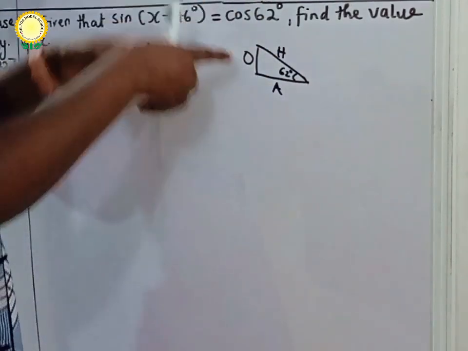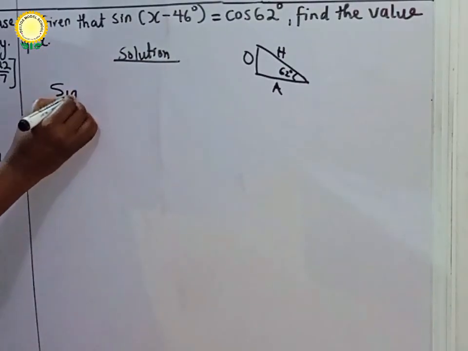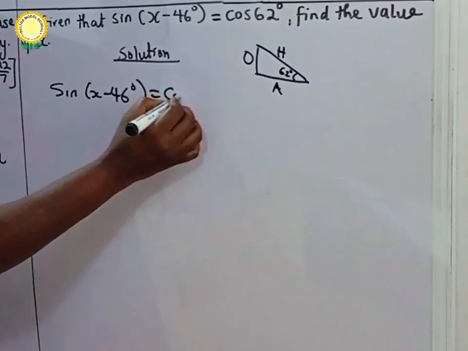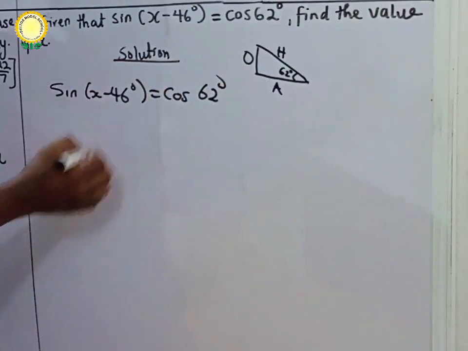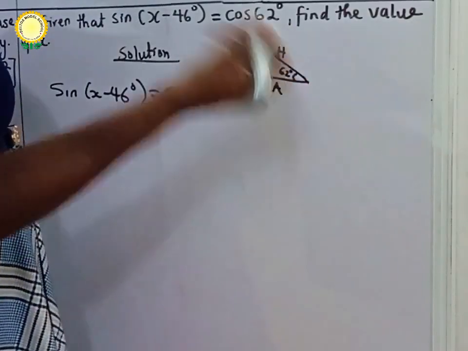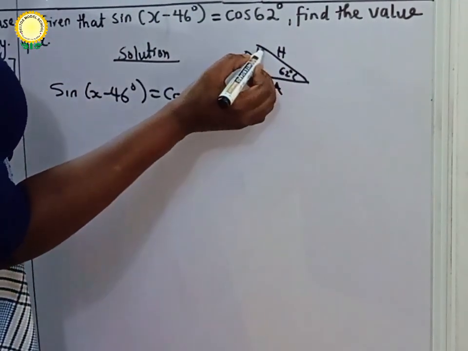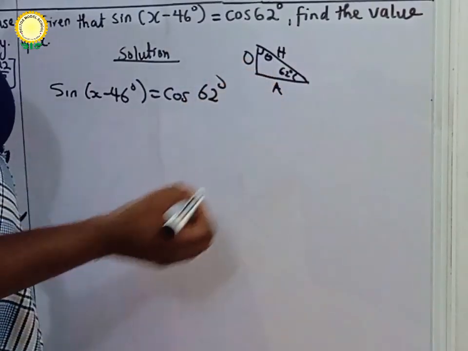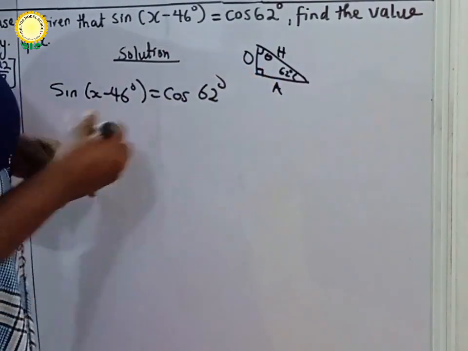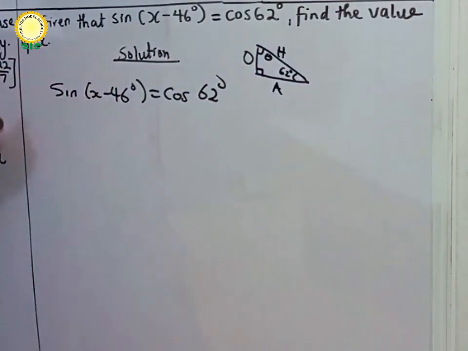So sine what will be equal to cos 62? It can't be sine 62 obviously, because we know that sine 62 cannot be cos 62. Then we have to consider the other angle, theta, because we can't consider this angle, this is the 90 degrees. So what is sine theta there?